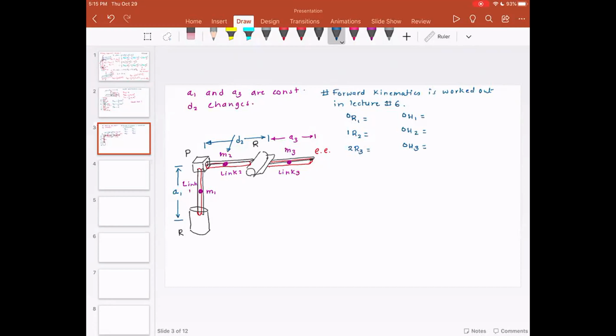So what I'm going to do is use that information to solve this problem. And the process that we are going to use is the same as before. As a matter of fact, one thing I would like to tell you is that we also found out the Jacobians.